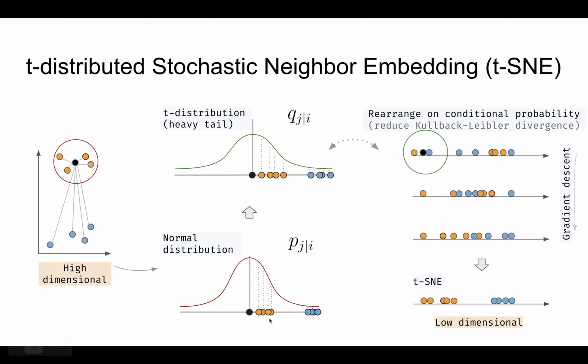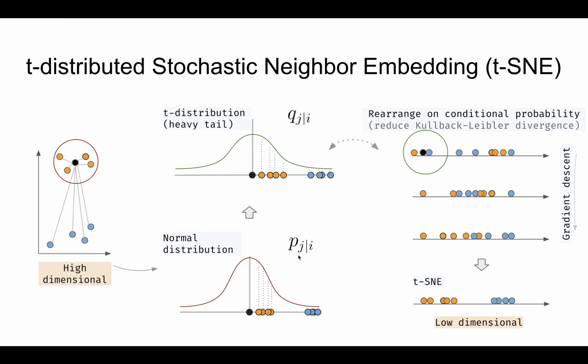So this is shown here in the bottom normal distribution plot. The Gaussian again is centered at the point of interest, the data point that we are looking at, and then we find the probabilities for each of these other points relative to this Gaussian that is centered at this data point, and that is used to calculate the value of P.